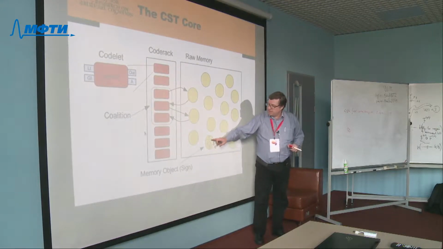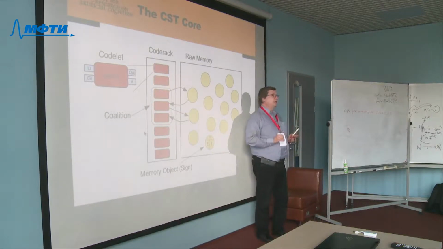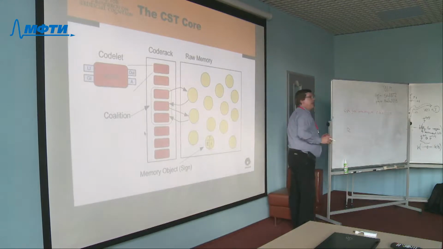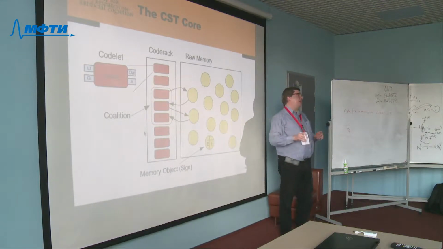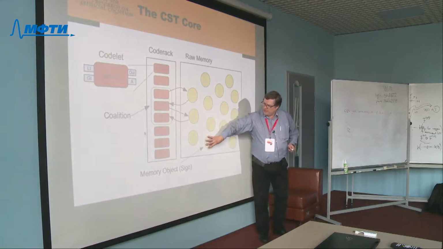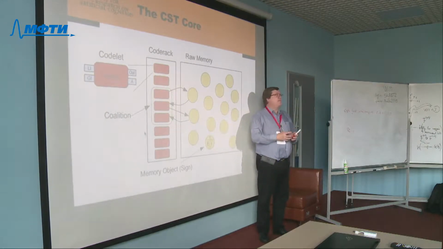And you have the I here, and the I is the information. The I is the Java object that can be any Java class that you have available in the Java language. So the memory object is our standard container of information.